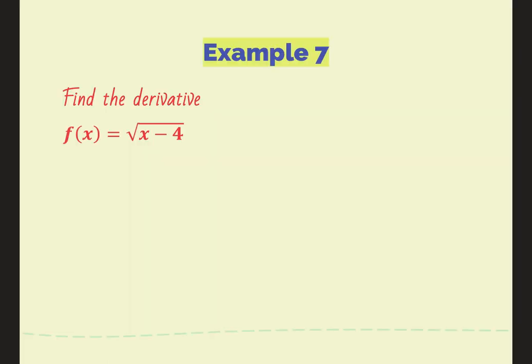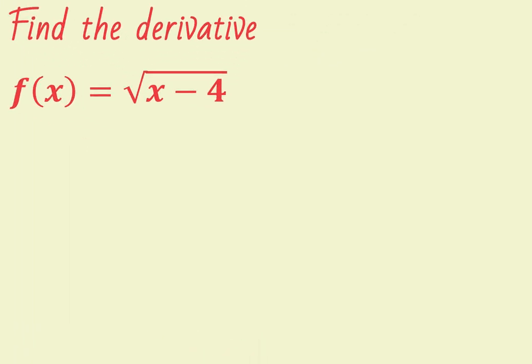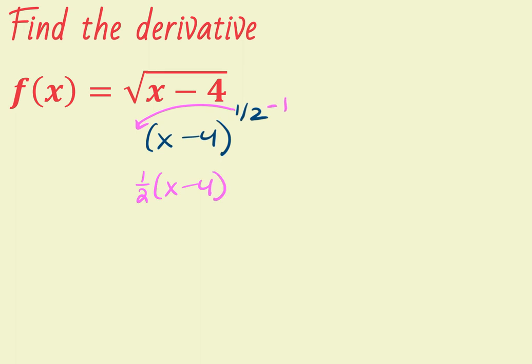And last up, now we've got a square root. So hopefully we remember that a square root is the same thing as an exponent of 1/2. The 1/2 is going to bump forward, and we subtract 1 from it. 1/2 minus 1, or 2/2, is a negative 1/2.